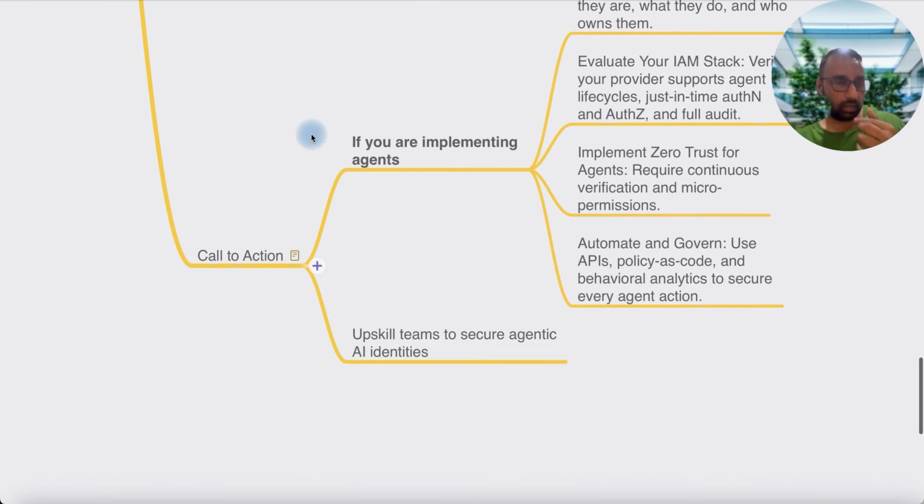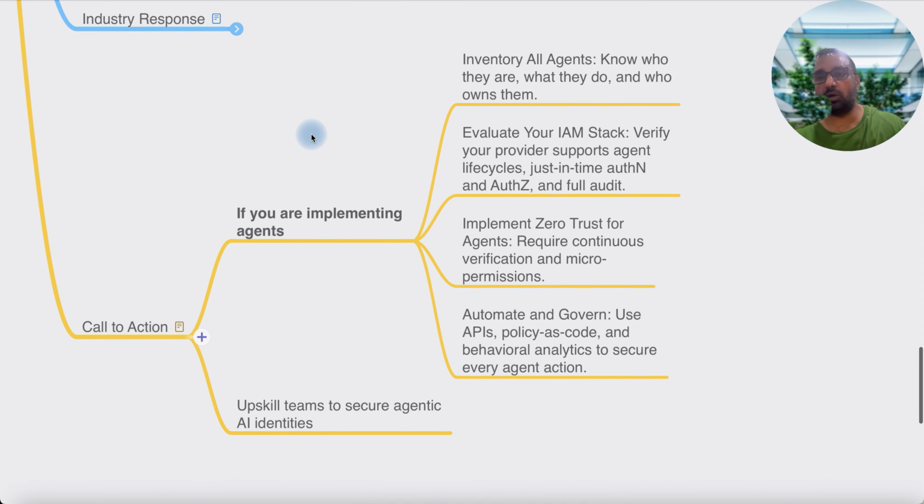Now, what are the calls to action? What we have done so far is understand what agents are, how they work, what the components are, the impact on identity, why there is an impact, and how agents are different compared to a human approach. But in the end, if you're implementing agents, the first thing you should do is get visibility. Inventory all your agents, know what they are, who's issuing them, who owns them. Then evaluate your IAM stack.